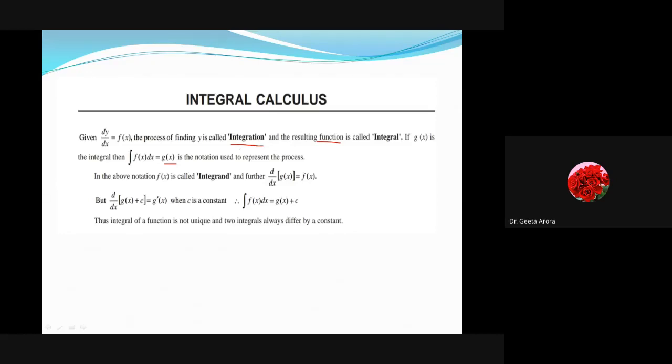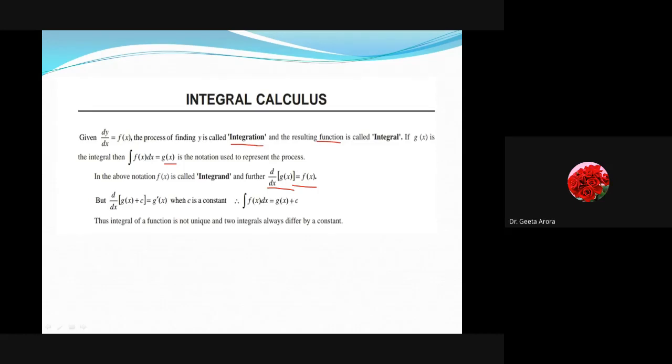And we can write that if the integral of f(x) dx is equal to g(x), then obviously the derivative of g(x) is f(x). It means it is just the reverse process. If we integrate f(x), we find g(x). If I find the derivative of g(x), it should be f(x), correct?